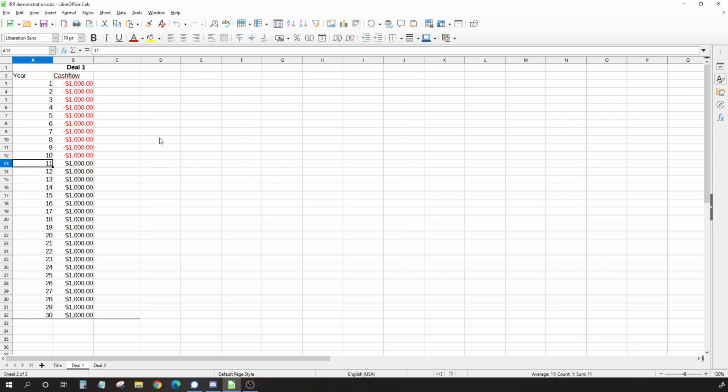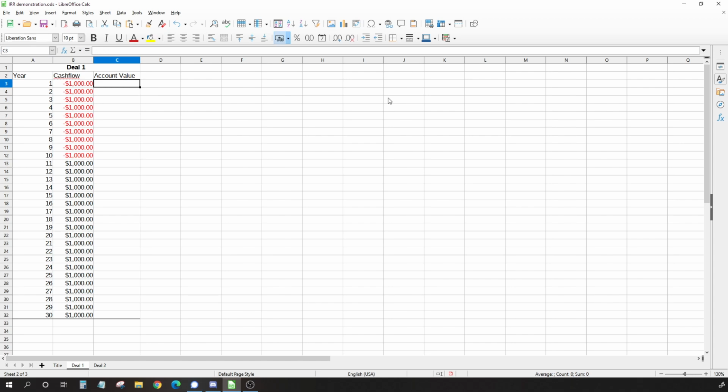Well, I'll start with deal 1, which is in fact a simpler deal, I think. And I want to simulate an account. This will be the simulated account of the company that's taking your money, that you're investing with. And we're going to simulate the account value over time.